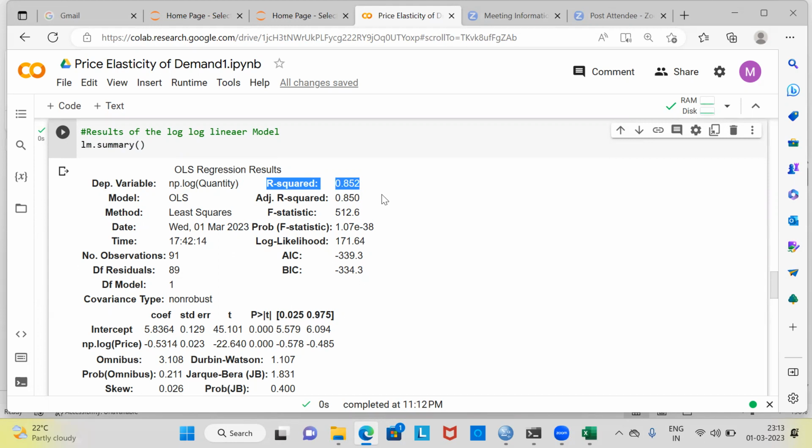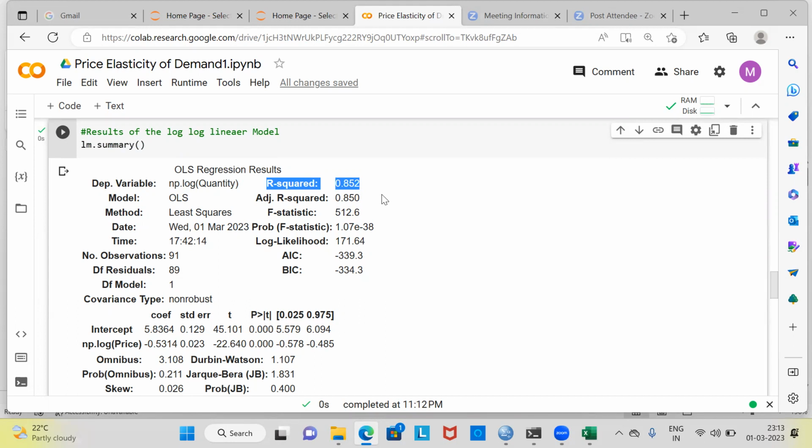Out of all these details, what is very, very interesting to me is the value of R squared. Remember, R squared stands for coefficient of determination. R squared is used to indicate the model goodness of fit. R squared lies between 0 and 1. If the R squared value is close to 1, it means that the model fits the data well.